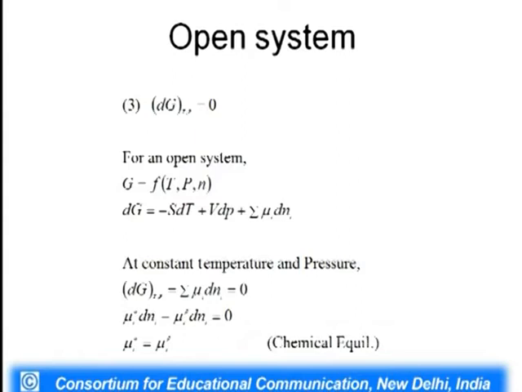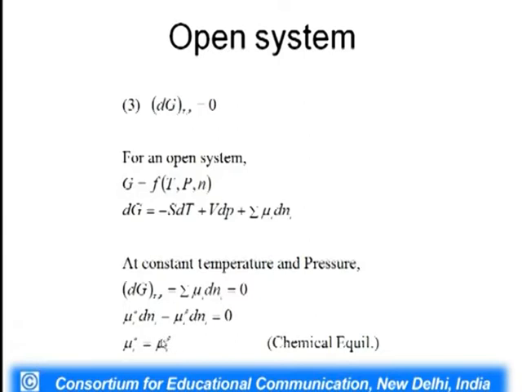Component N will change until the chemical potential of that component becomes equal in each phase. So the chemical potential of the ith component in alpha phase equals the chemical potential of the ith component in beta phase.